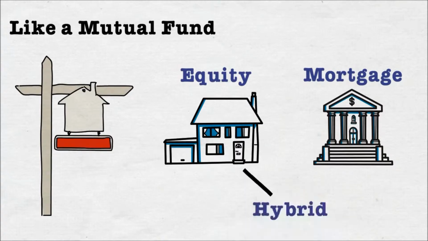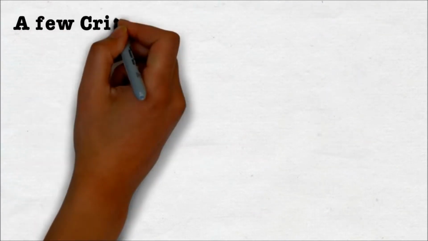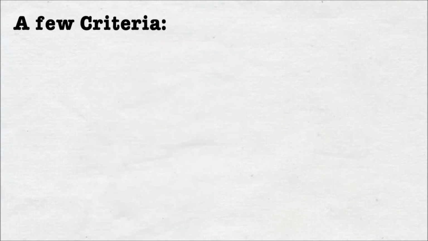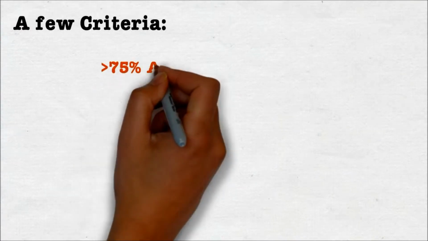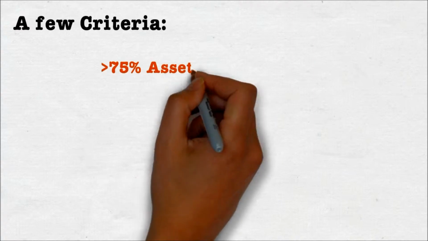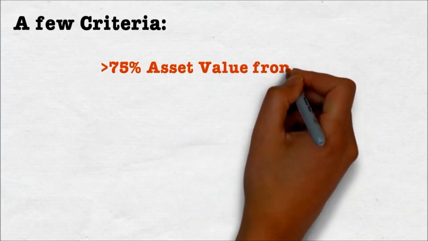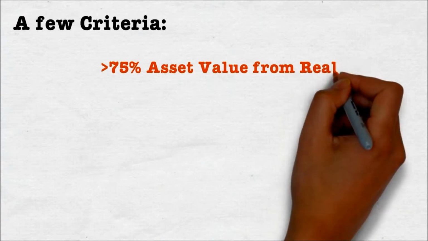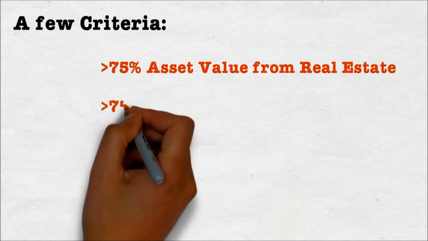Now, what makes a REIT a REIT? There are certain criteria it has to achieve in order to be called a real estate investment trust. I'm not going to go into all of them, but the most important ones are that it needs to have at least 75% of its asset values coming from real estate.